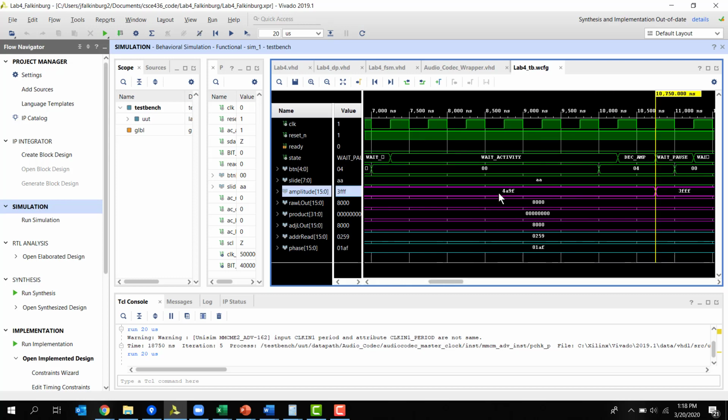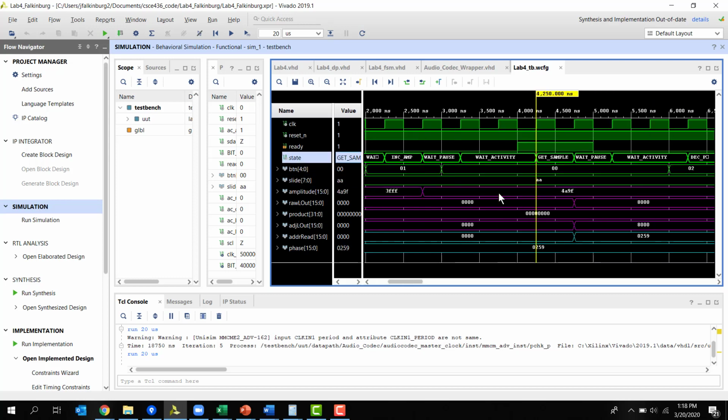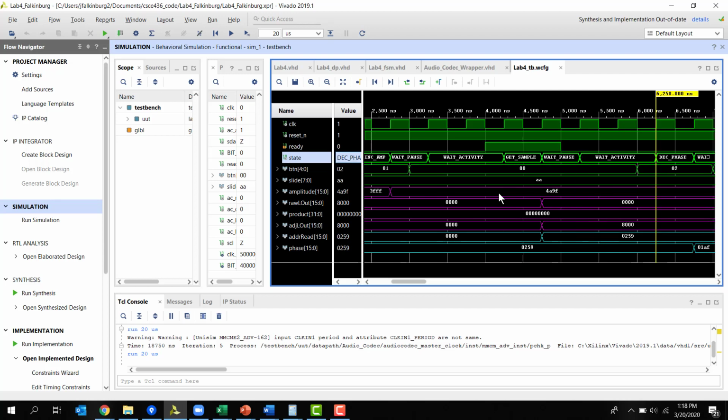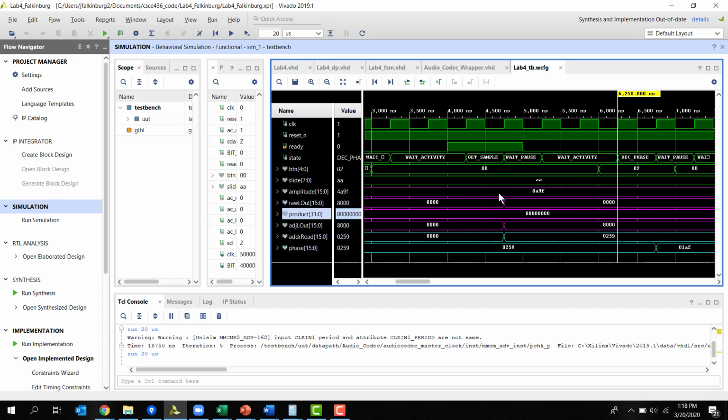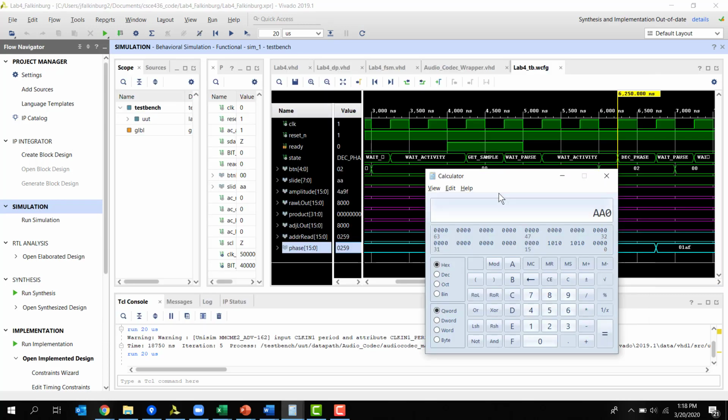And that's all right. So the next button decreases our phase. Notice the initial phase is 259. That is actually in hex 259.